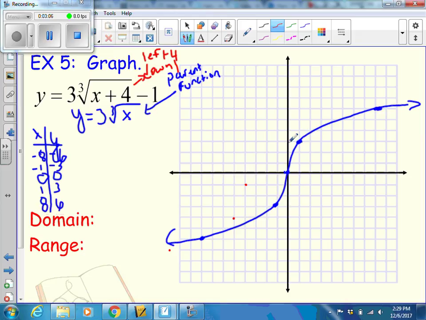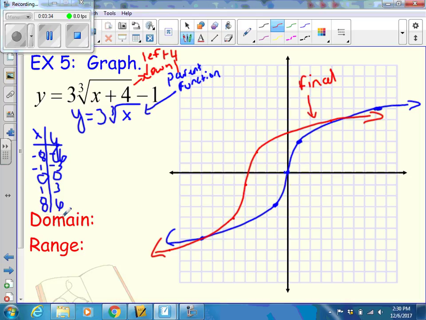Up here we go 1, 2, 3, 4, down 1, and the last one 1, 2, 3, 4, down 1. So the one I have here, this is now my final function.